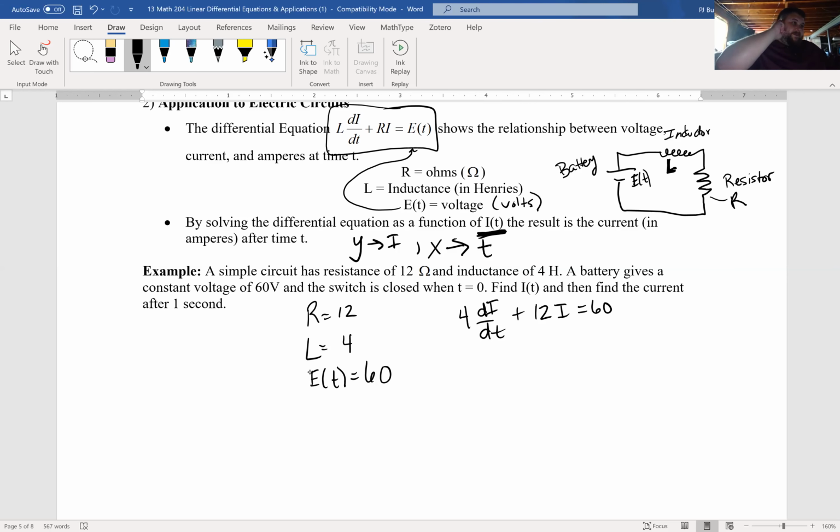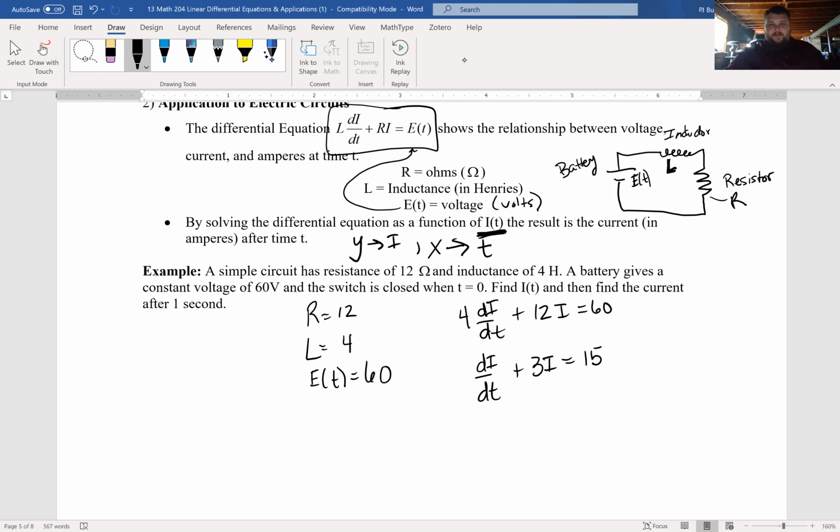And we know from the problems that we just did that we always want to get the derivative by itself. So I need to divide through by 4 to start the problem. So then I'm going to have di dt plus 3I equals 15.